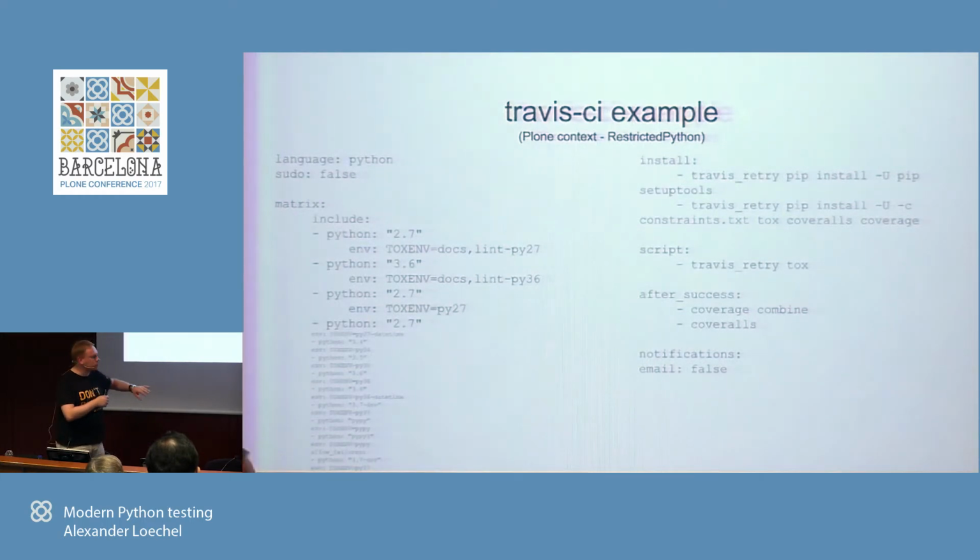I'll show something later about Tox. If you're using Tox with a continuous integration server, in the first place it seems like the most stupid idea you could have, because why use a test invocation tool inside a test invocation tool to run tests? But you just always have the same invocation command for all the different kinds of tests.